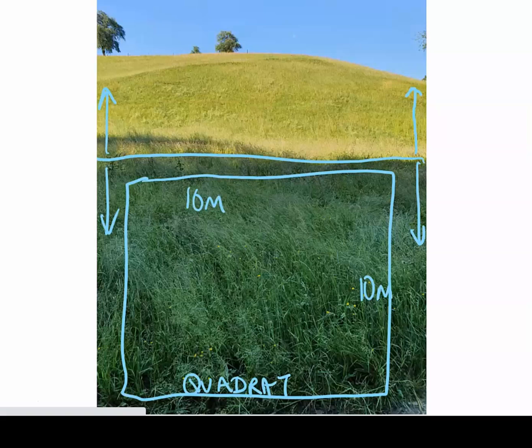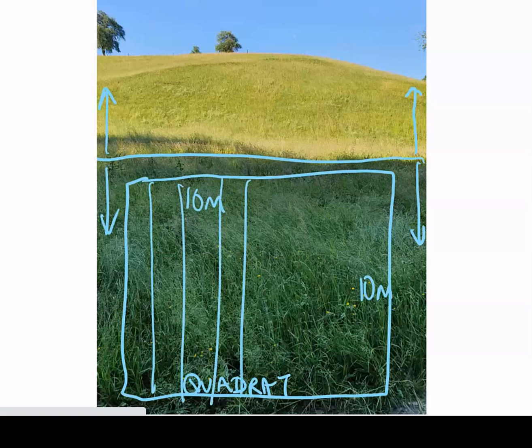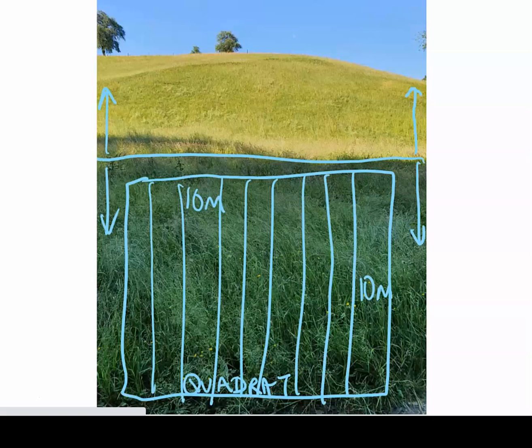And what we can do is we can sample within this quadrat, and we can do that by dividing the quadrat, at the moment imaginary, but if you were going to do this for real, then you'd have tape measures with you, and you would lay out the tape measures along the x-axis and the y-axis.